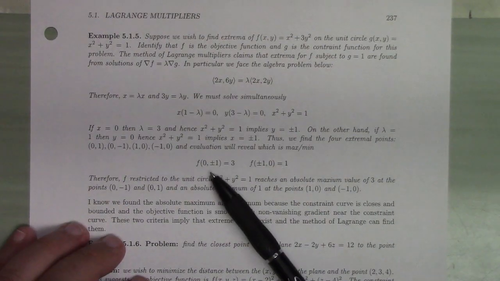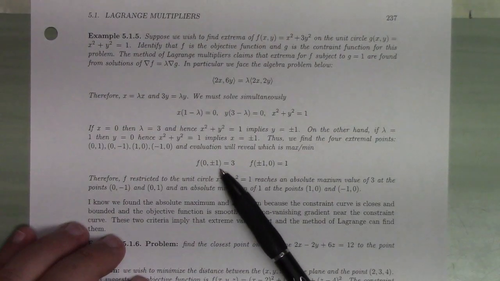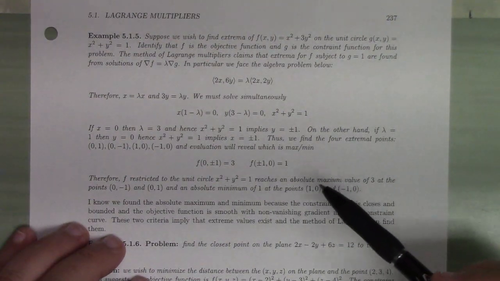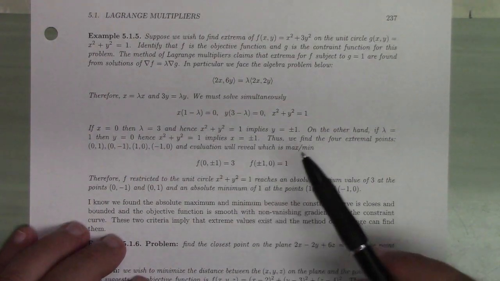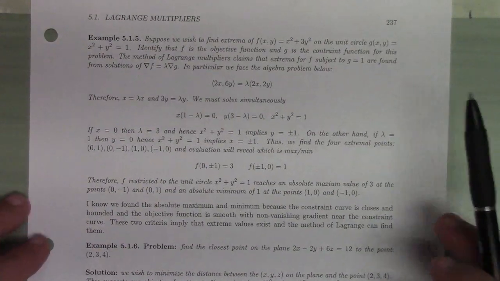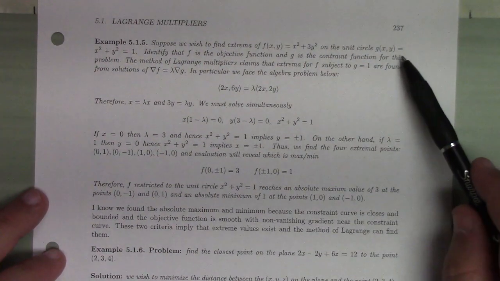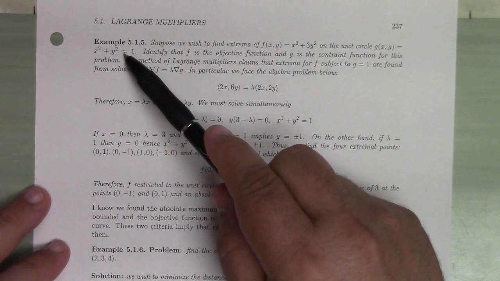I get either (0, plus or minus 1) or (plus or minus 1, 0) as the potential extremal points, and in fact the minimum is 1 and the maximum is 3 as it happens here. This one worked out because the constraint function g was a unit circle.